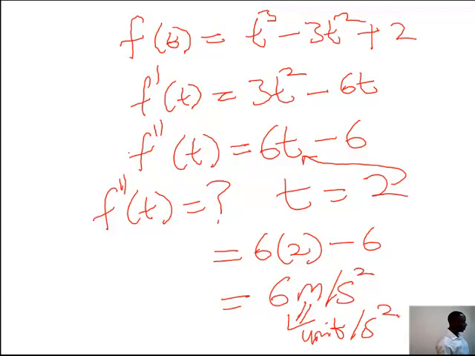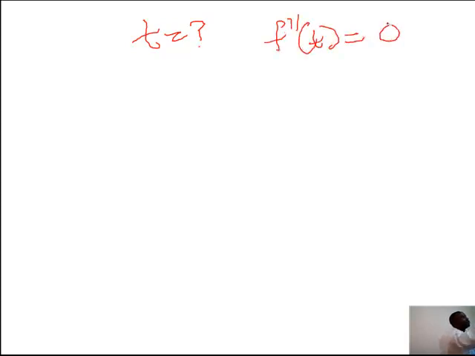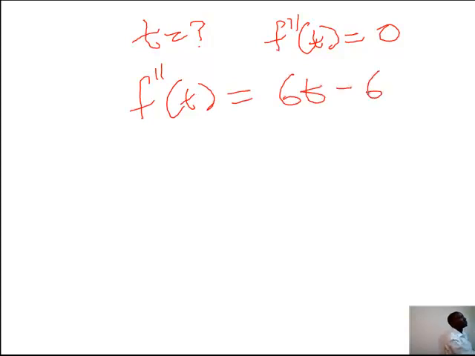Now, the second question is that at what time will the acceleration equal 0? In order to find that, we ask at what time will the acceleration, that is the second derivative of the displacement, be equal to 0? And recall that we said the second derivative is expressed as 6t minus 6.